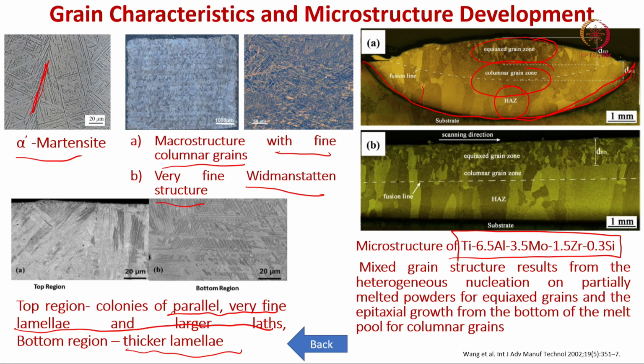The columnar zone constitutes a large part of the welded microstructure, and you can see the size of these columns or the aspect ratio of the columns. Equiaxed grains can be described by one single number, but columnar grains need to be described by aspect ratio and also longer size, that is, the size of the columns in one direction compared to the width.